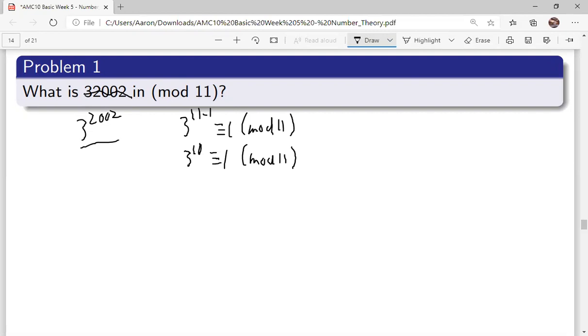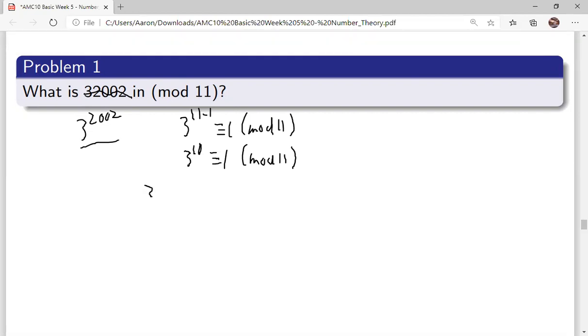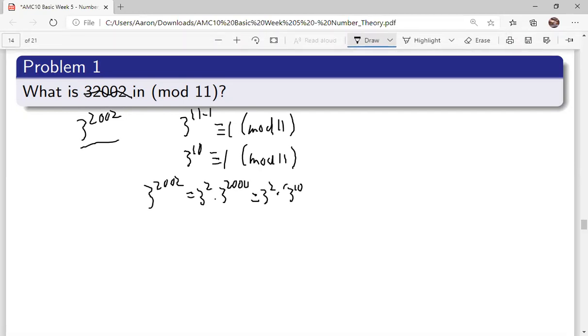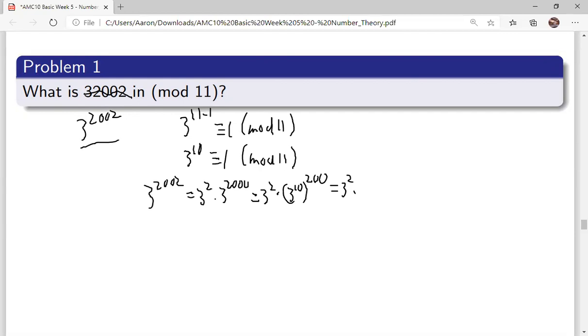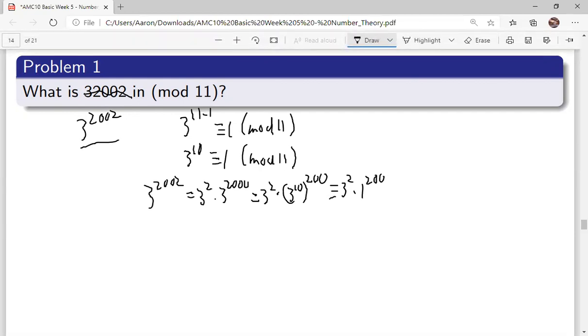And so since you just want to find 3 to the 2002 mod 11, you have that 3 to the 2002 is 3 squared times 3 to the 2000, which is 3 squared times 3 to the 10 to the power of 200, which is 3 squared times 1 to the 200 mod 11, and this is just equal to 9.